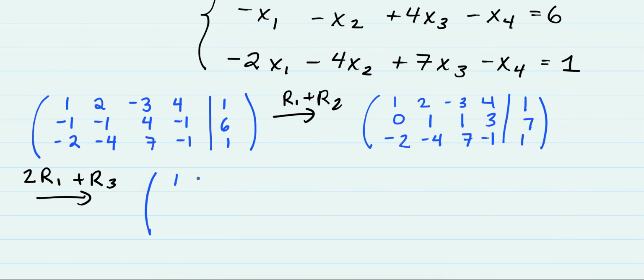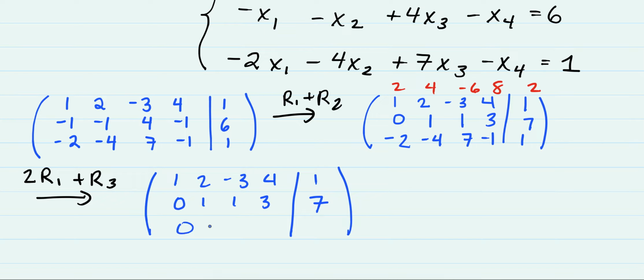Well, we're going to leave the first 2 rows alone. And then I'm going to write above here 2, 4, -6, 8, and 2. So 0, 0, 1, 7, 3.